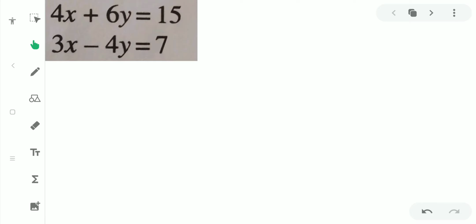So you can see on the screen the question, that is 4x plus 6y is equal to 15, which is our first equation, and 3x minus 4y is equal to 7, which is our second equation.